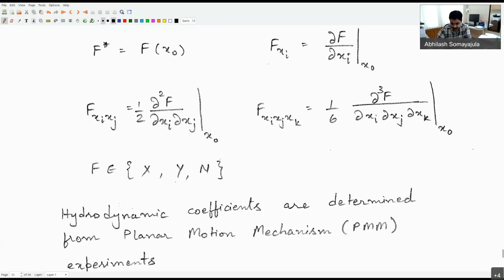Sir, in the first principles approach that we modeled, in that case also there are certain coefficients that are not known to us. Correct. That is what Vallabh was asking. So in that case also experiments may be needed. Correct. But the point is you may be able to port from experiments done on a different ship. You can at least get an order of magnitude closer to what the real values might look like.